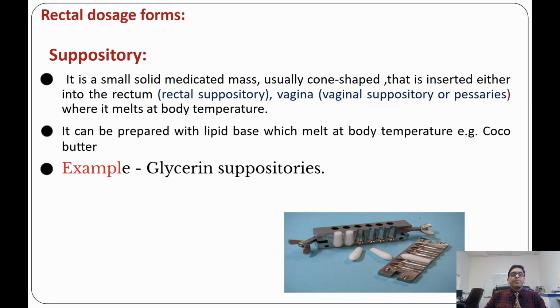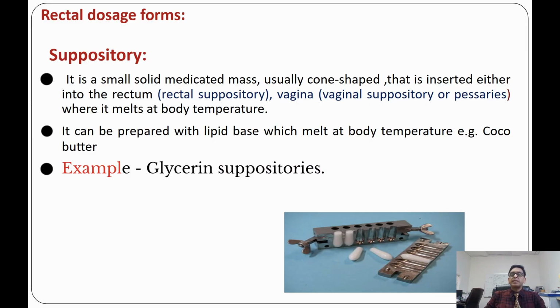Next are the rectal dosage forms. They are also considered to be semi-solid dosage forms. A semi-solid medicated mass, usually cone shaped, that is inserted into the rectum is called a rectal suppository.